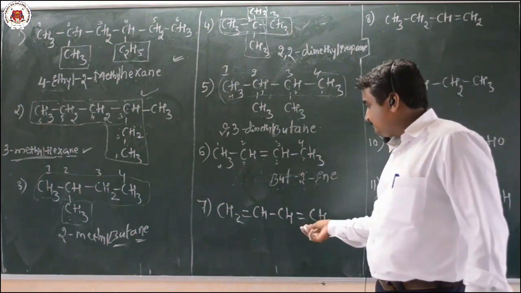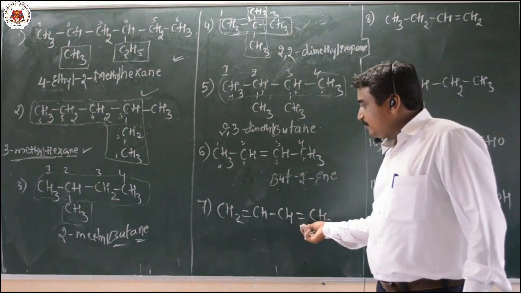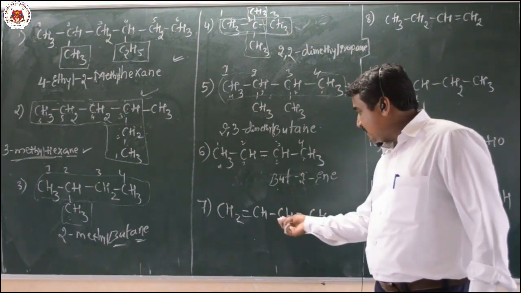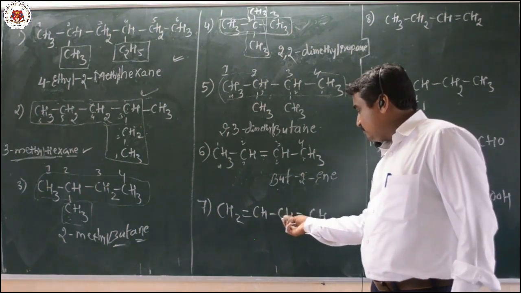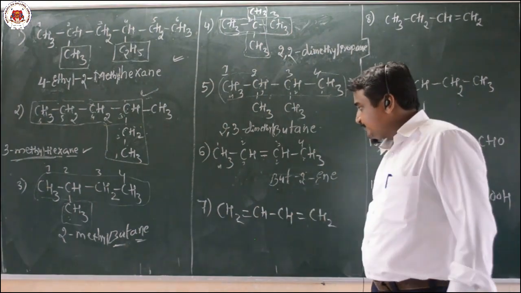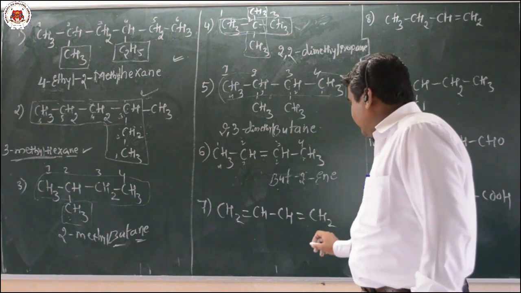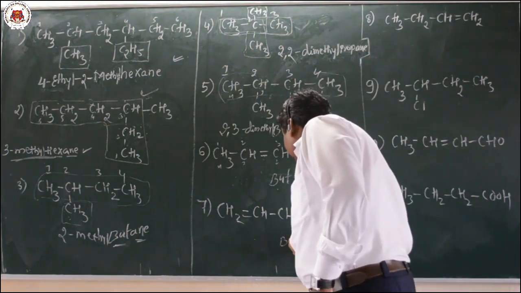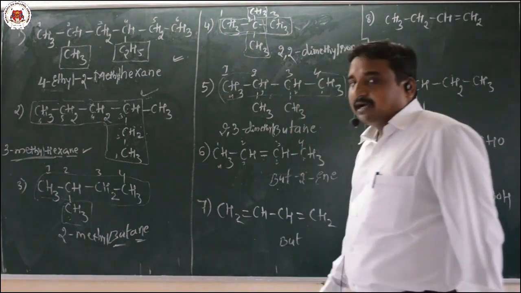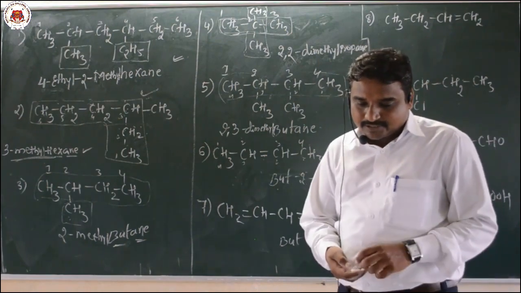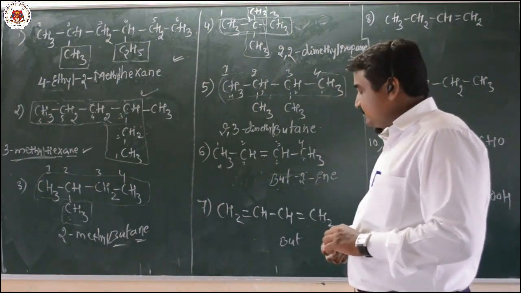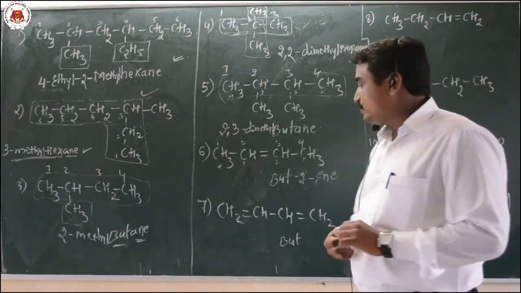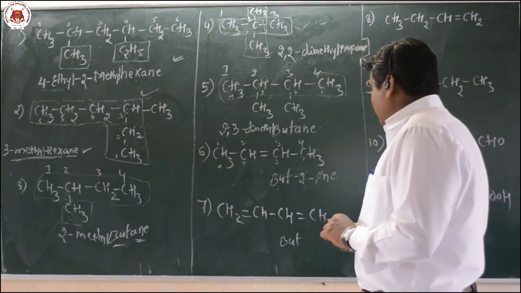Now the next compound, the seventh one, which I have already written here: CH2 double bond CH, single bond CH, double bond CH2. The root word is again but. Due to the presence of two double bonds, you have to mention the positions of both.